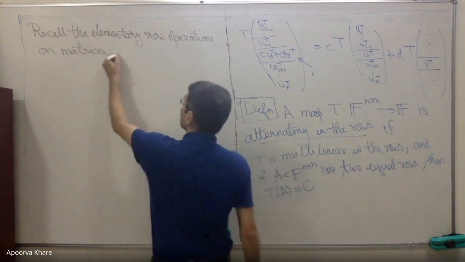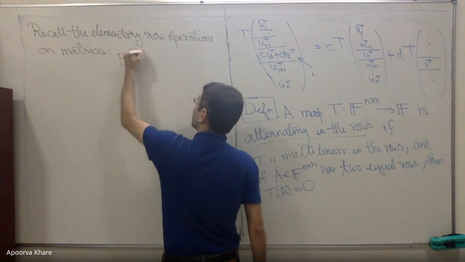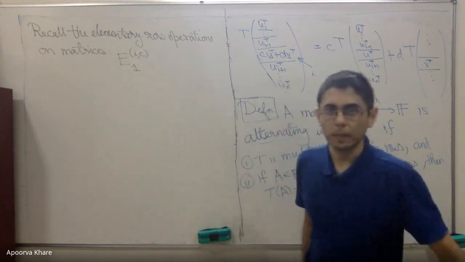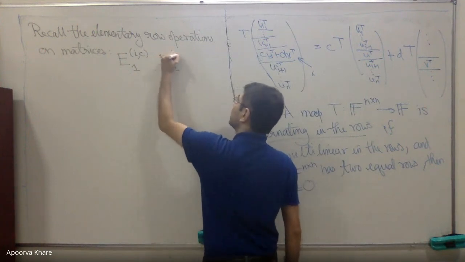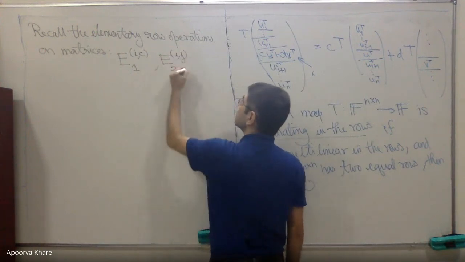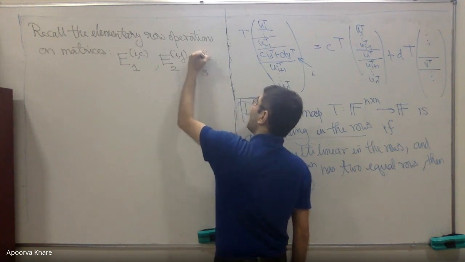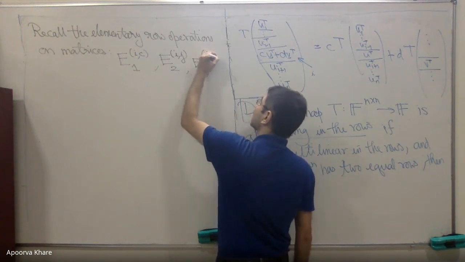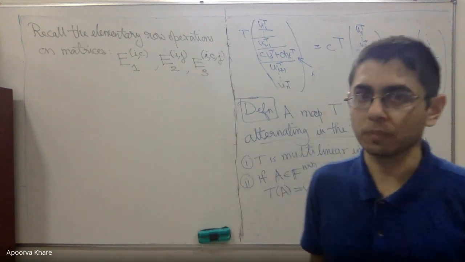One was E1, the row operation where you multiply the ith row by a number C, which is non-zero. Then we had E2, which was to just interchange the ith and the jth rows. And then we had E3, where we add C times the ith row to the jth row. So these were the three different row operations.